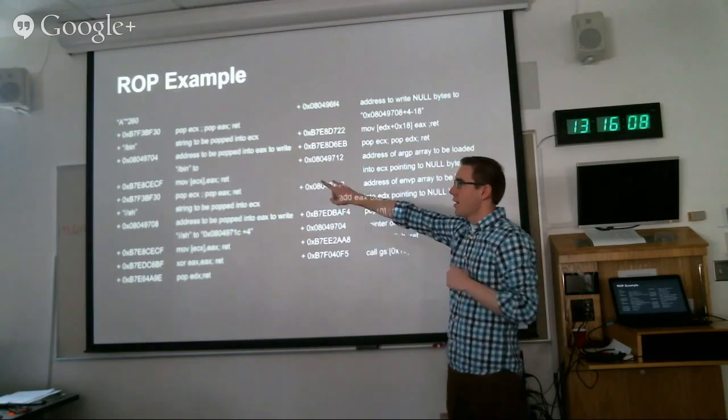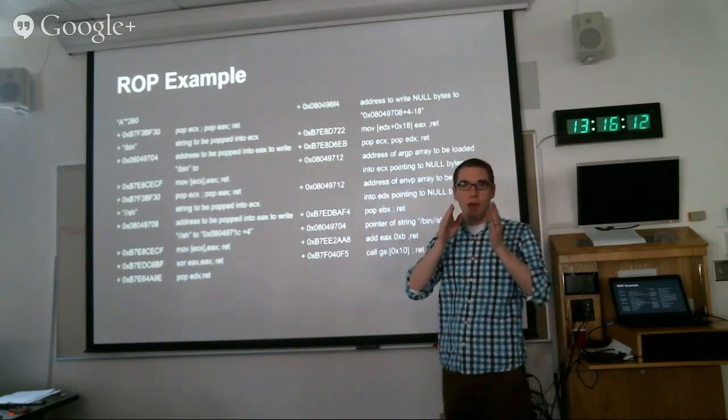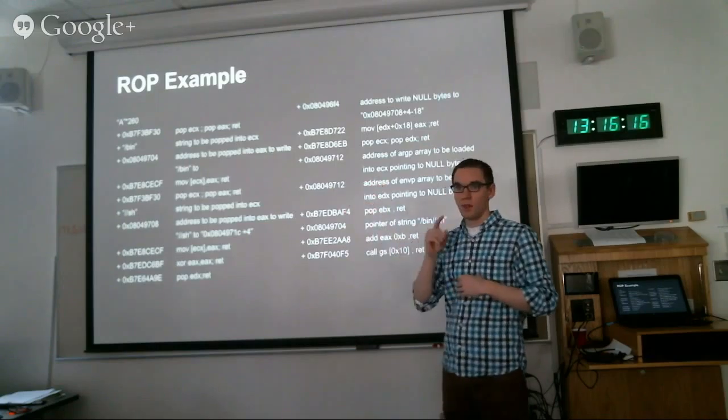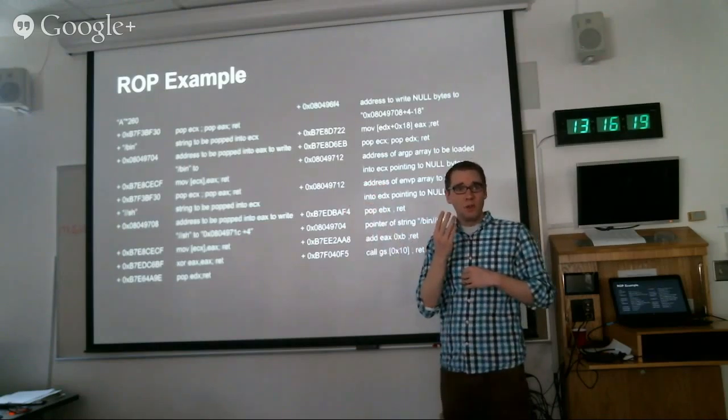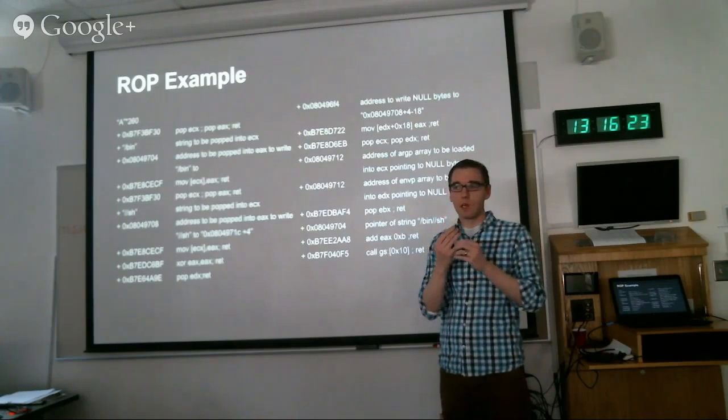So //bin is 8 bytes, and then /sh would only be 3 bytes, and there would be a null byte if we were to try and make it a 4th. And we don't want to have any nulls.